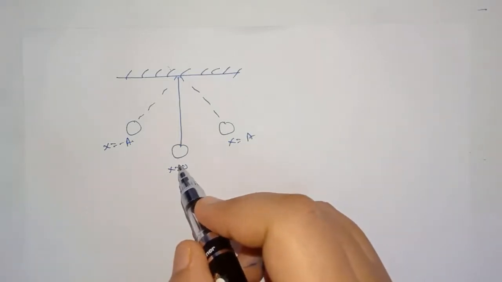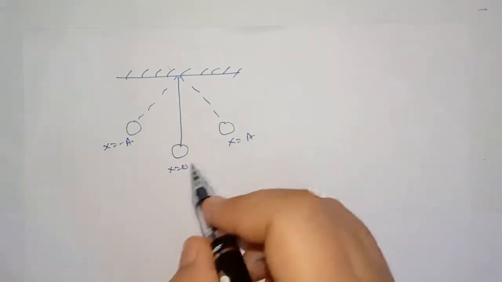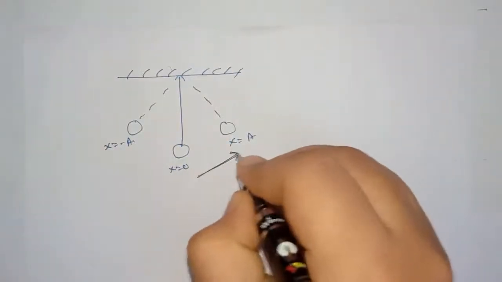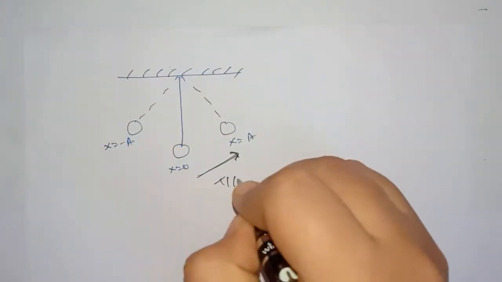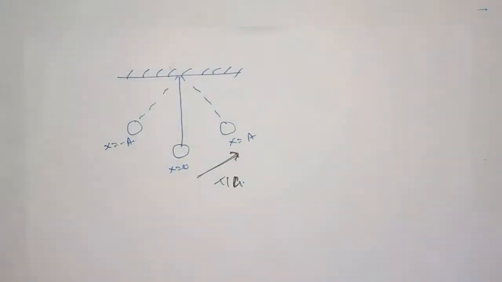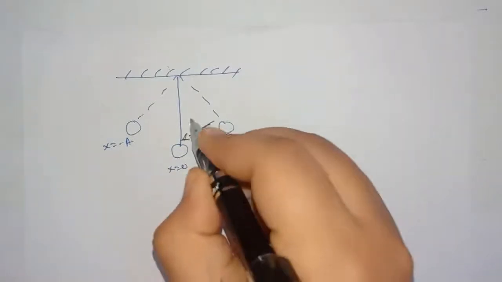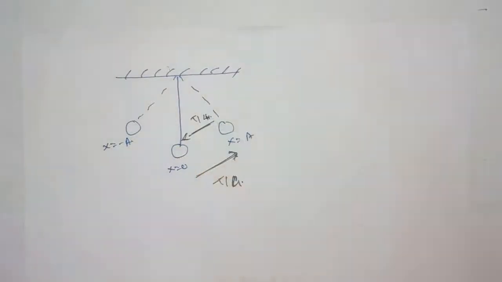It will take capital T by 4 time to reach the extreme position A. This time will be T by 4. Again it will come back to the mean position and this time will be T by 4.